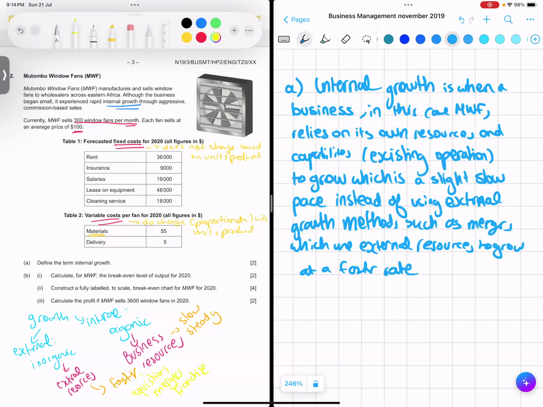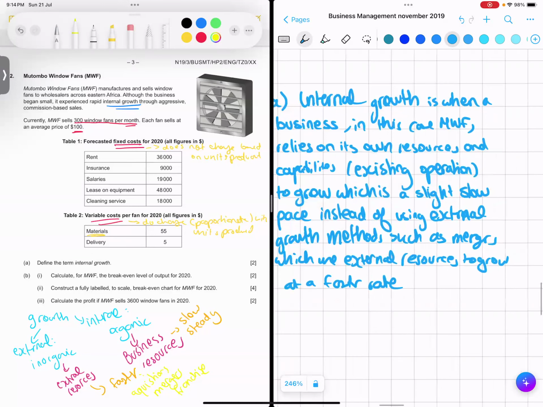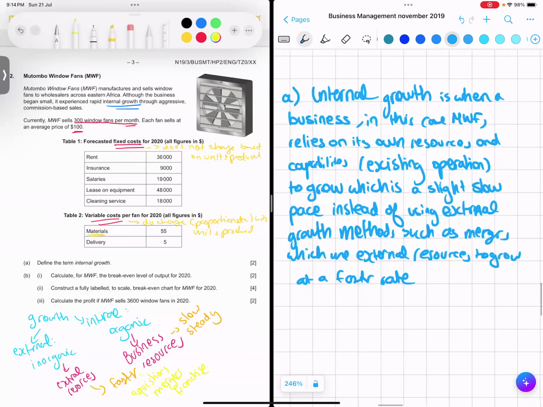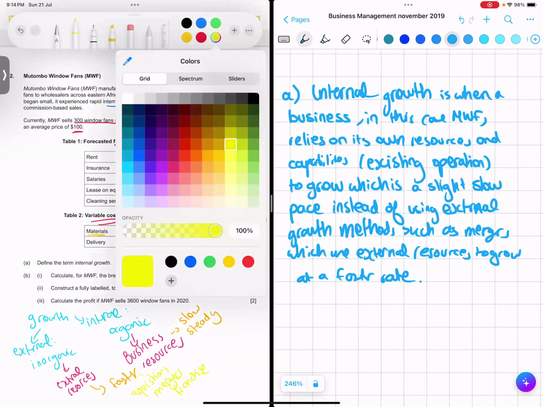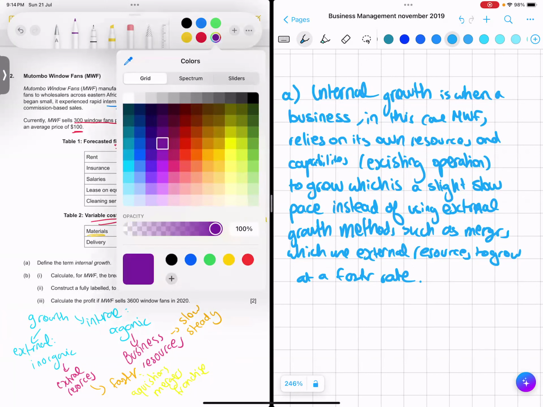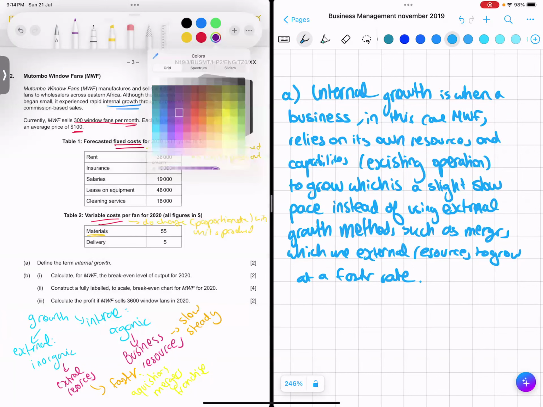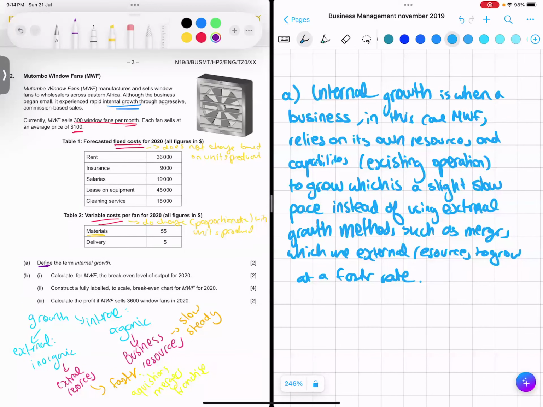Here we have to really pay attention to the action verb. In this case, the action verb required was define, so we didn't really have to relate it to MWF. This was not necessary, but we did show the examiner that we understand what internal growth is specifically.